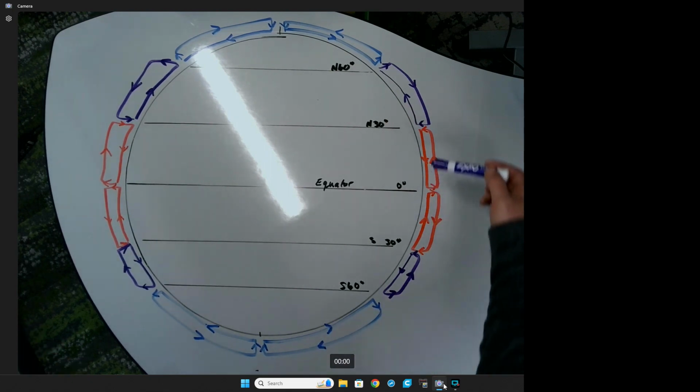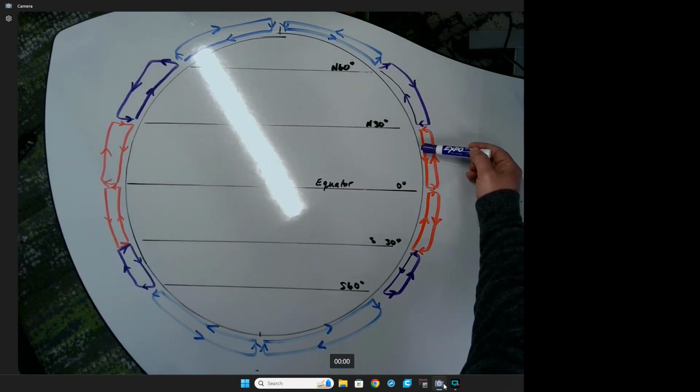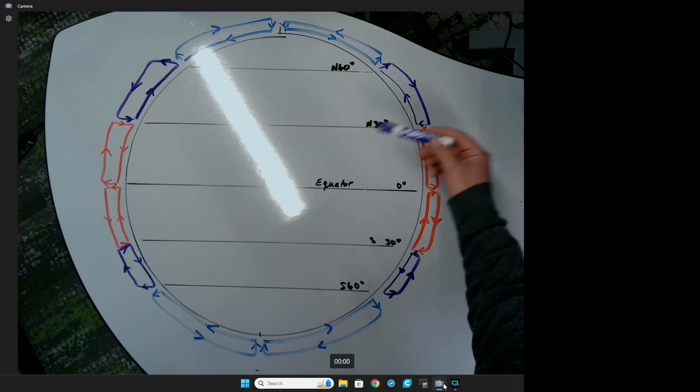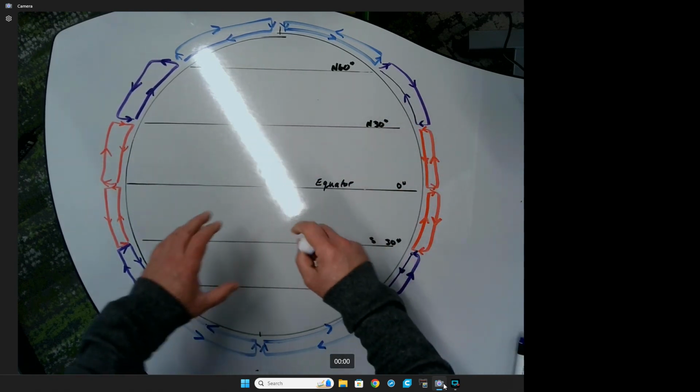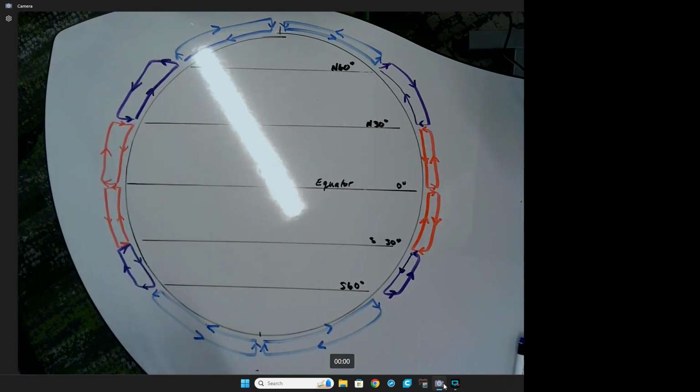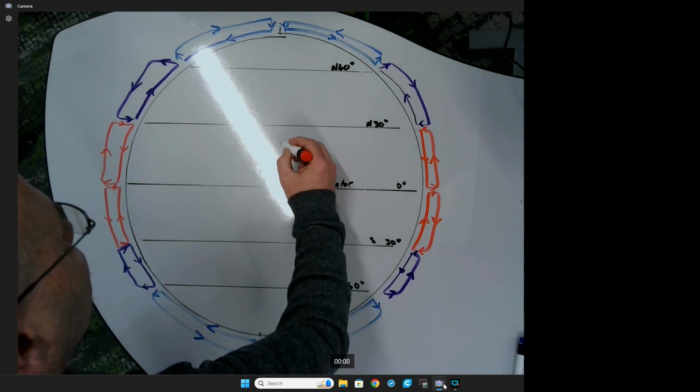Now, the Hadley cells, as I've said, are going around the earth. They're like the Michelin Man wrapped around. Now, we're going to go through and label these predominant winds along with how they're moving.